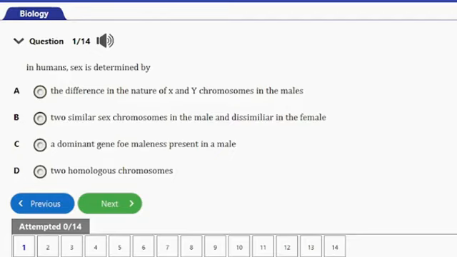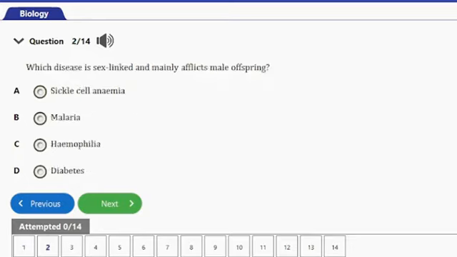The X chromosome actually carries genes related to both male and female sexual development. So the actual answer to this question is option A, the difference in the nature of the X and Y chromosomes in the male. Let's go ahead and check out the next question.